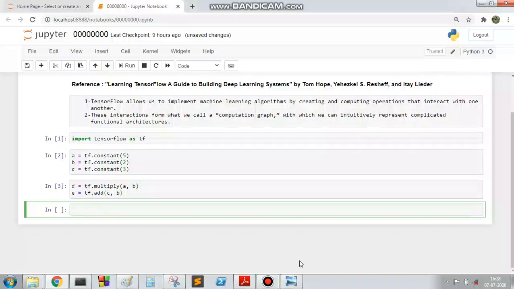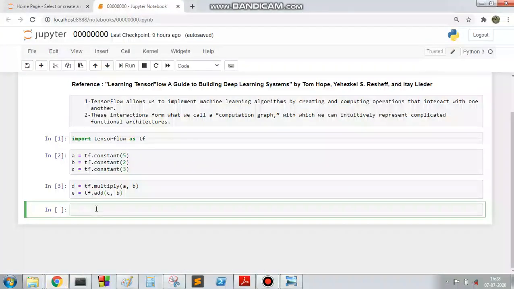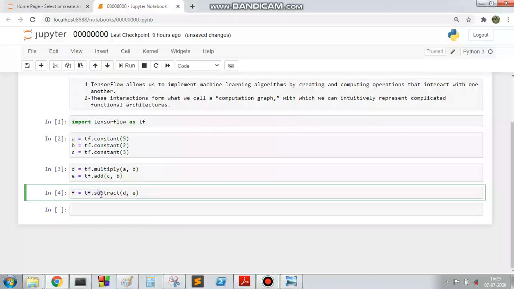Now I am going to create the last node, which is the subtraction of D from E. So F is equal to tf.subtract, E minus D. Now you have created all six nodes and their connection pattern, that means the way they are connected, and each node's functionality is also mentioned here.